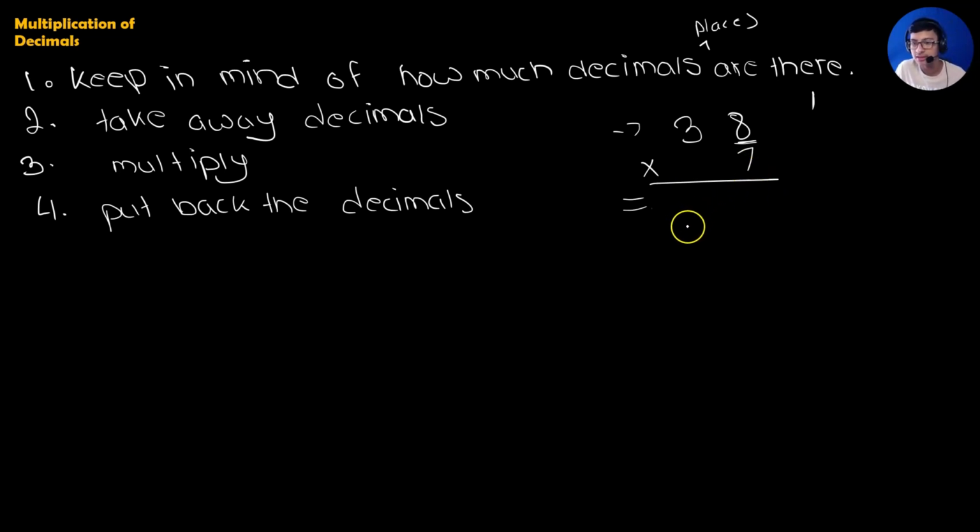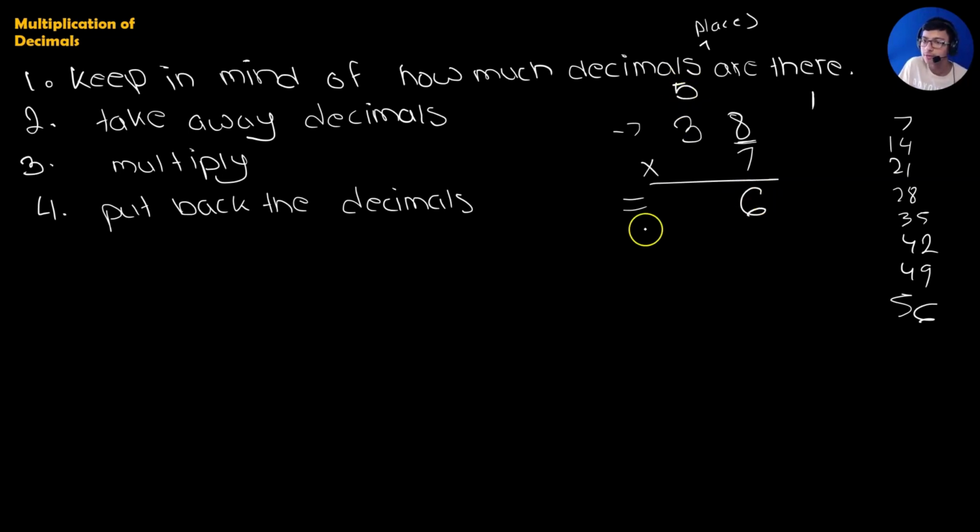So 8 times 7, 56. Sorry. So 6, and then 5, and then 7 times 3, 21, plus 5, 26.